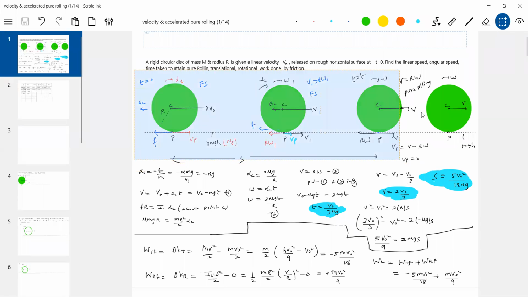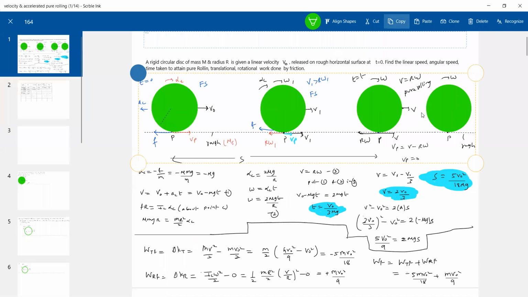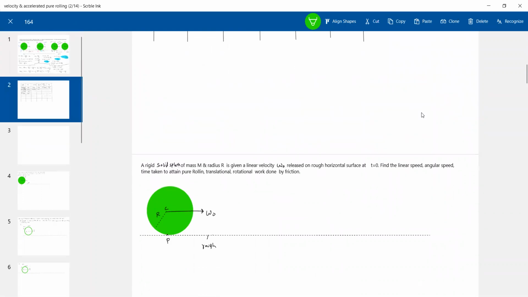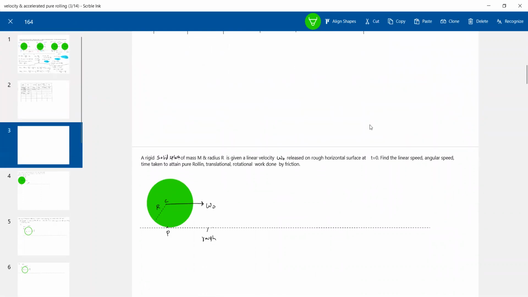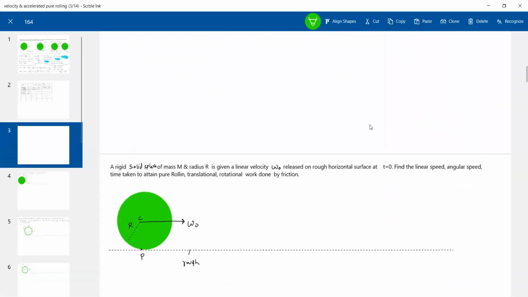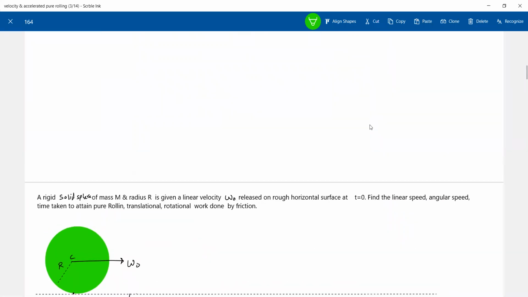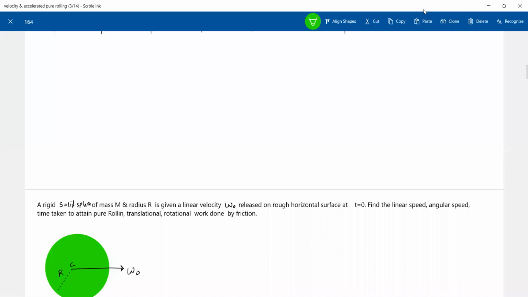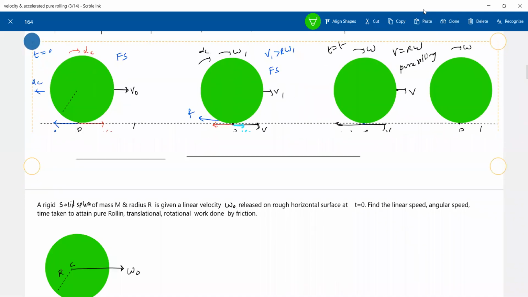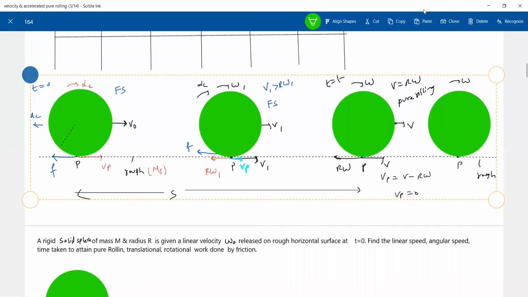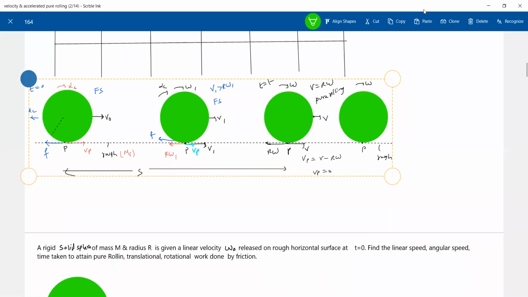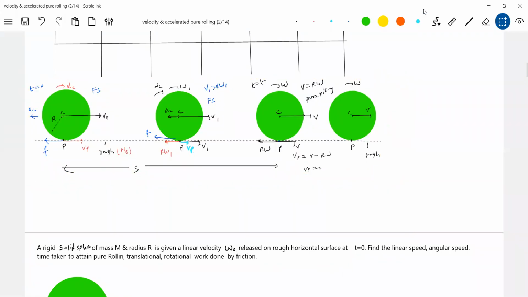Let me copy the same diagram. I'll show by another method what we discussed now. Another method is what I'm bringing.